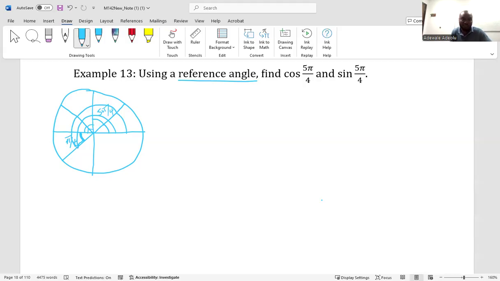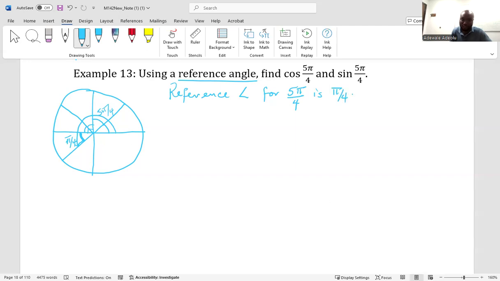So that is how I figure that out. Now, the reference angle for 5 pi over 4 is pi over 4.